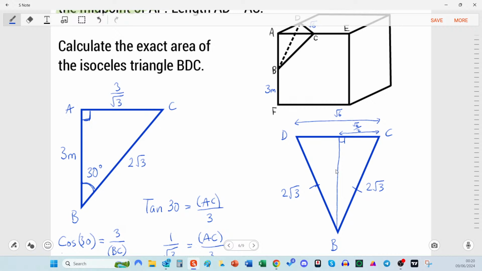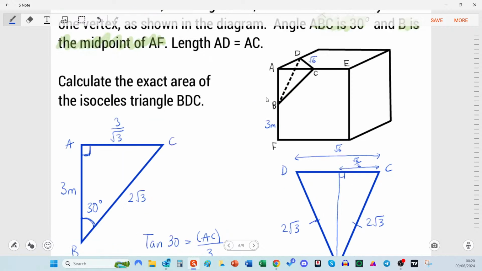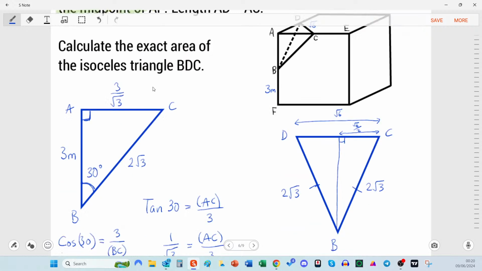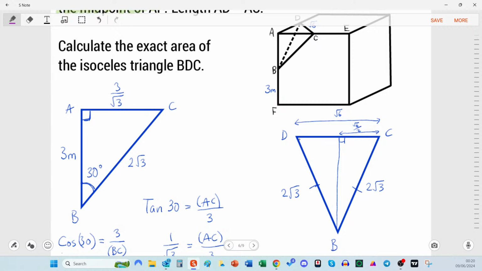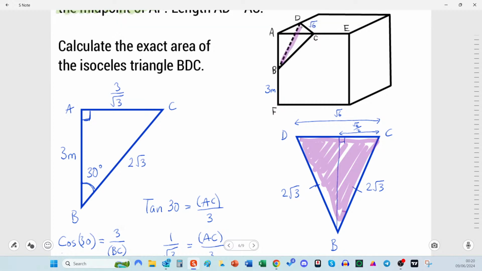Lovely. What do we need? We don't need much more. This is really coming together. Now, just to remind, if we turn this purple, this triangle here is our intended triangle.